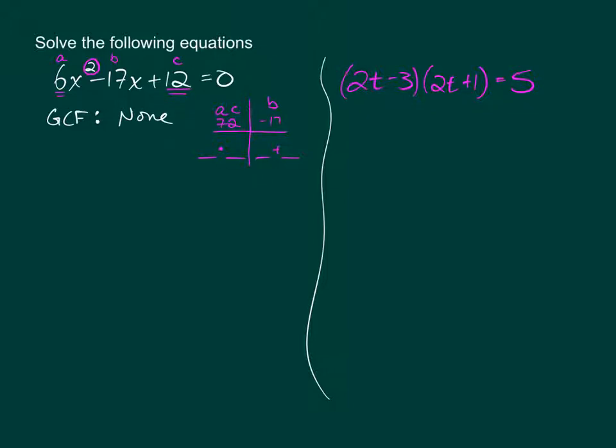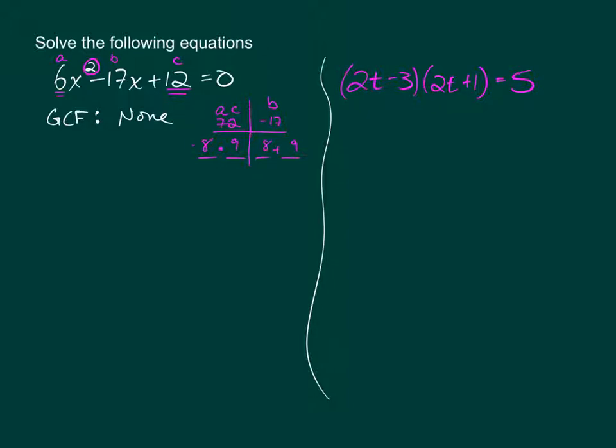b is negative 17. So you can think and think and think. And eventually you'll arrive at the fact that 8 times 9 gives you 72, and 8 plus 9 gives you positive 17, but we need a negative 17.